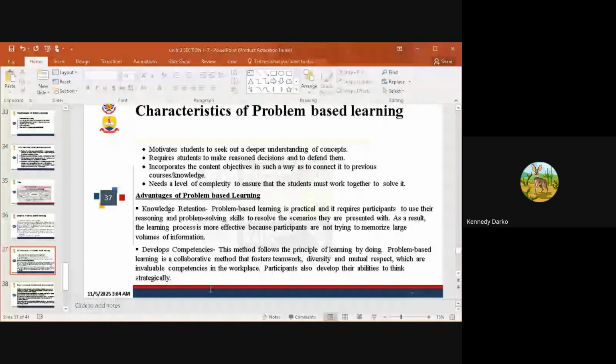Requires students to make reasoned decisions and to defend them. So you guide them. Guide the student to come out with their decisions through certain deductive reasoning. Then when they do that, you let them defend it.